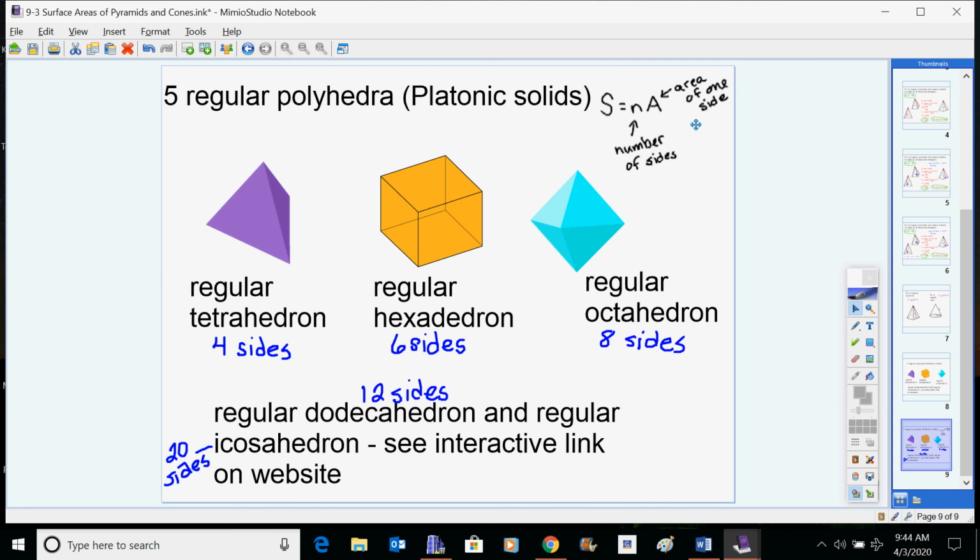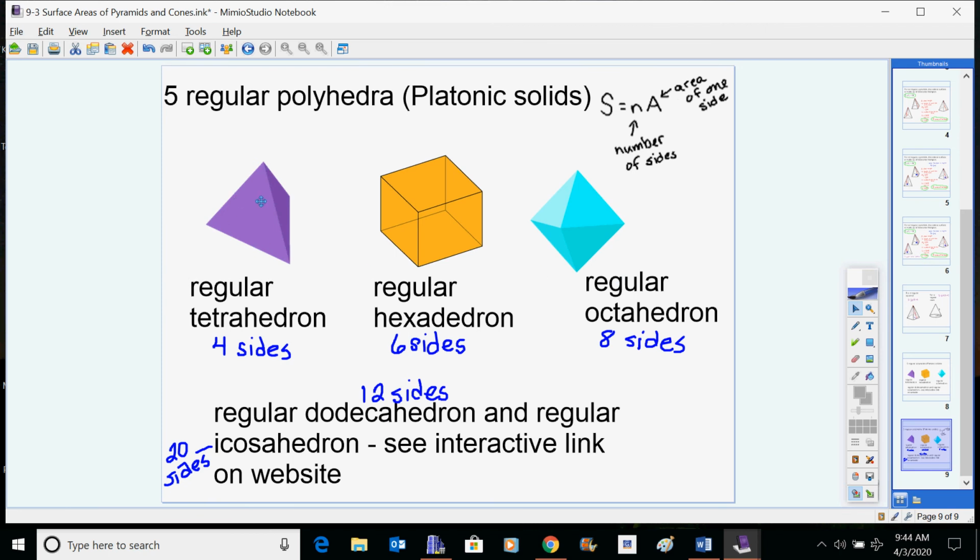And so if you know the area of just one side of these figures, and you know how many of them there are, the formula for surface area is the number of sides times the area of one of the sides. And you would have to be given enough information to find those areas, or maybe they would just give you the area.